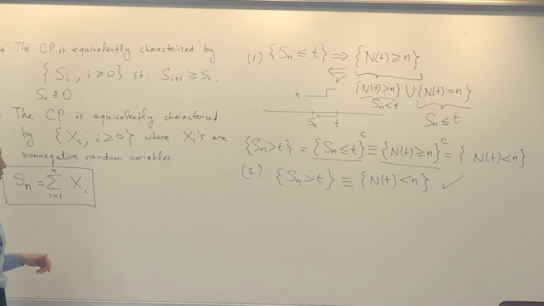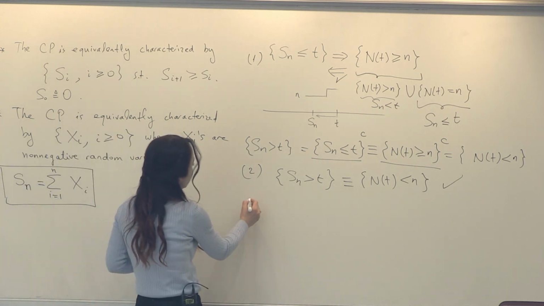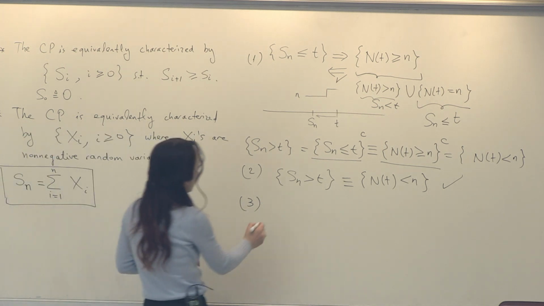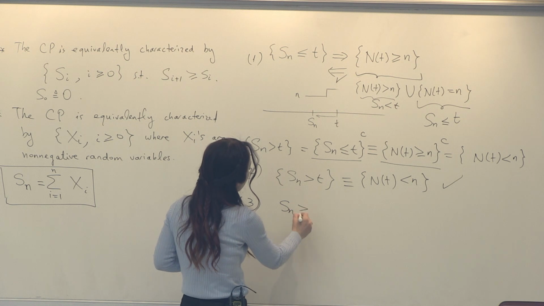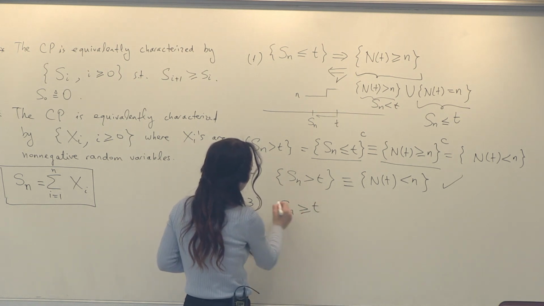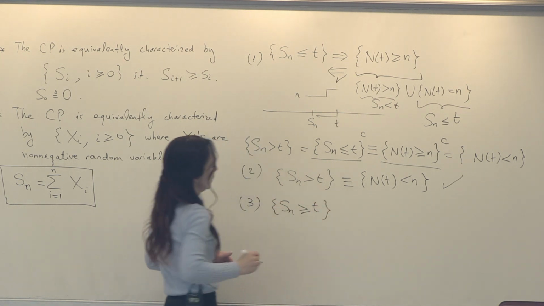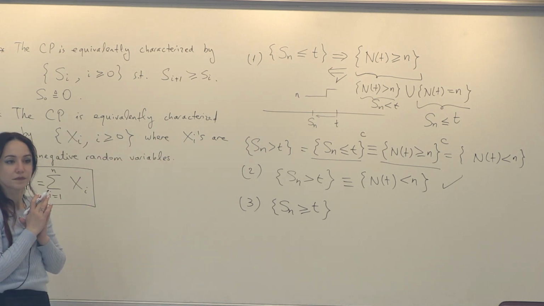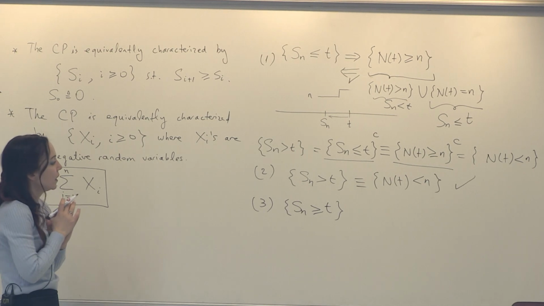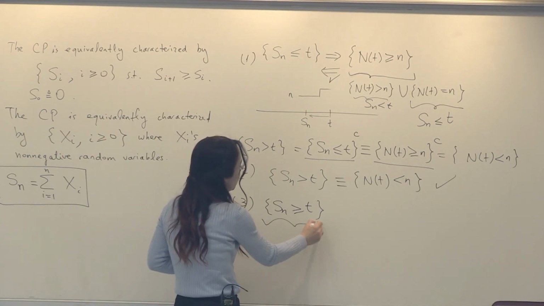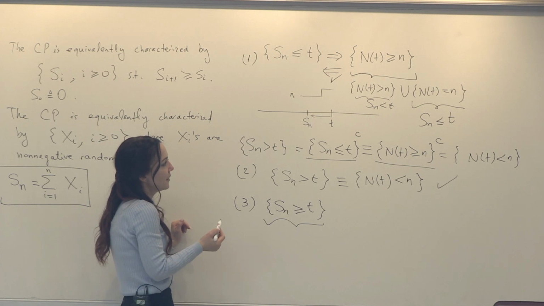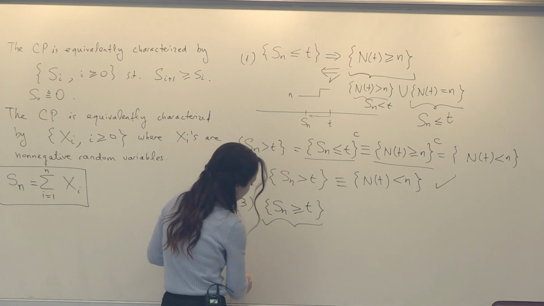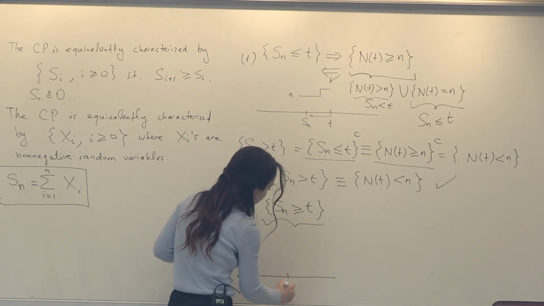All right, let's do another one. How about Sn bigger than or equal to t? So Sn bigger than or equal to t means the nth arrival is happening at or after t.